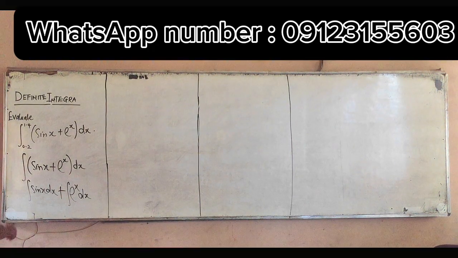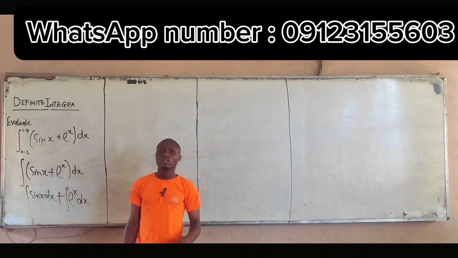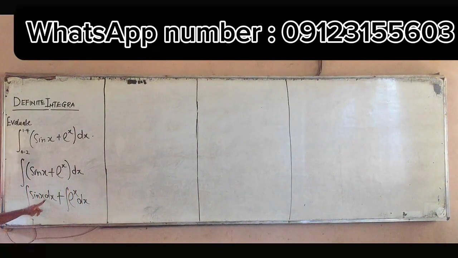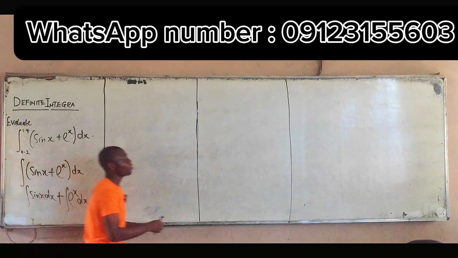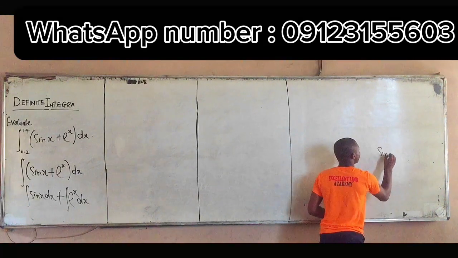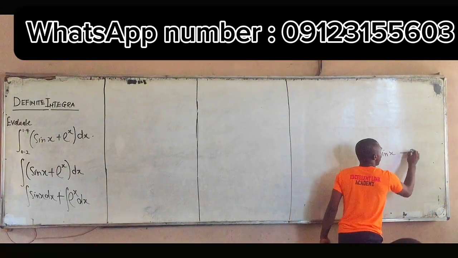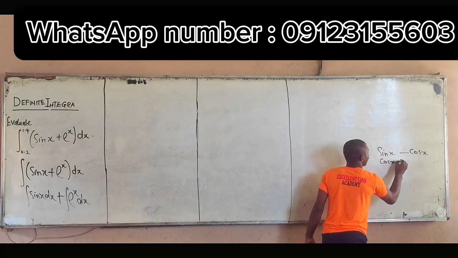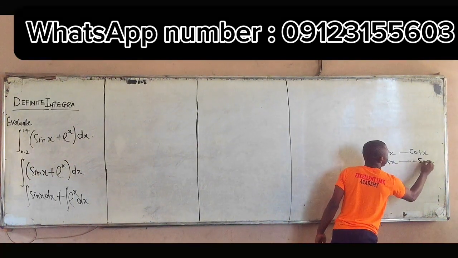From here, if I integrate sine x with respect to x, I'll have minus cos x. For differentiation, it's quite simple. If I have sine x, I'll have cos x. If I have cos x, I have minus sine x.